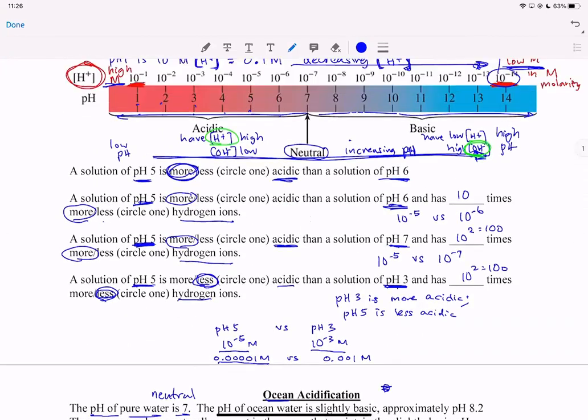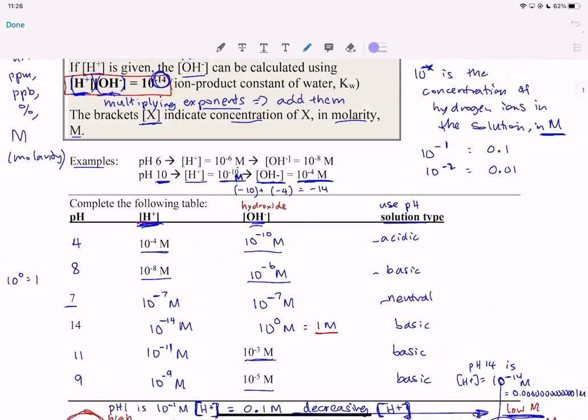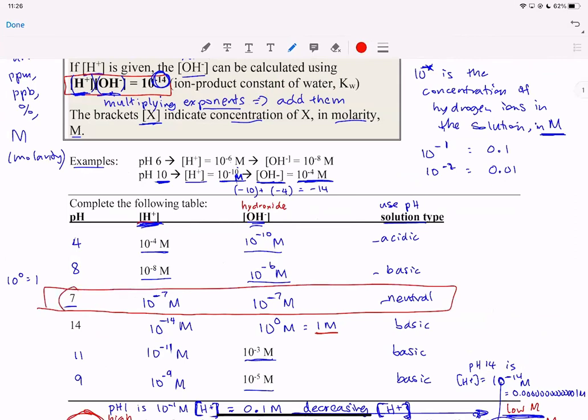Going back up to here, why is water a pH of 7? It's because this pH of 7, which is a neutral solution, has an exactly equal concentration of hydrogen and hydroxide. They're both 10 to the minus 7. And that is a neutral solution and is only true of pure water.